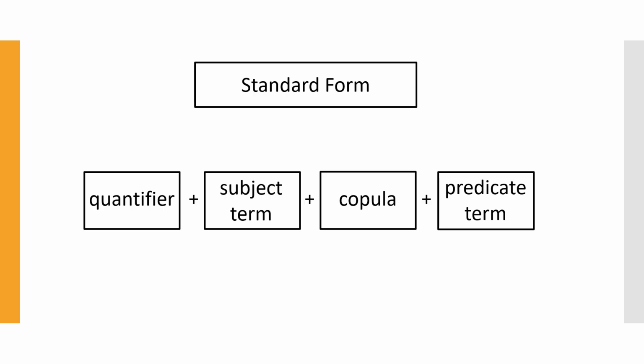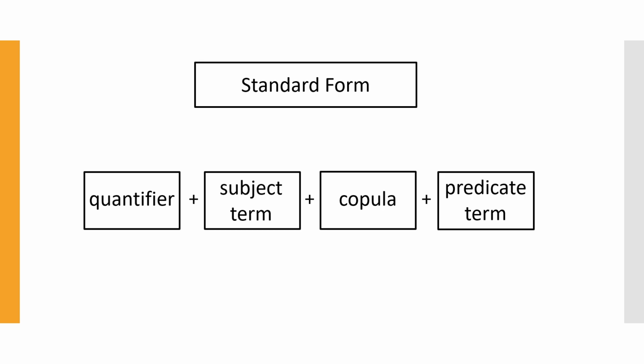So the thing to keep in mind as we go through translations is that what you want every time by the time you're finished translating are these 4 pieces of a categorical proposition, and in this particular order. I need a clear quantifier, which means every single categorical proposition that you have will begin with all, no, or some. I need a subject term, which has to be a noun, essentially. It has to be a class or category of its own.